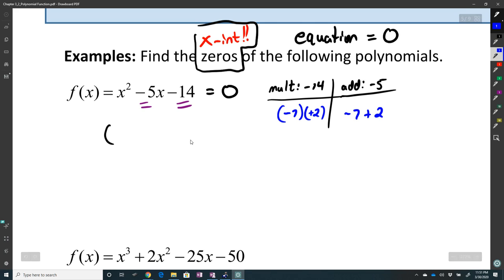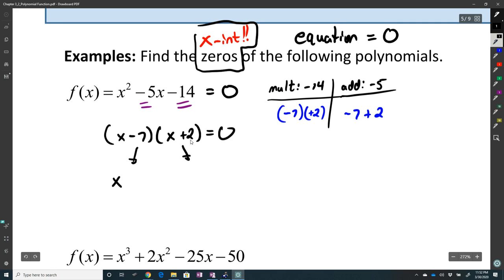And so since those are my two numbers, that's my factor. x minus 7, x plus 2 equals 0. So x equals 7, x equals negative 2. So remember, I'm rushing a little bit just because I know this is a long section. But x minus 7 equals 0, x plus 2 equals 0.